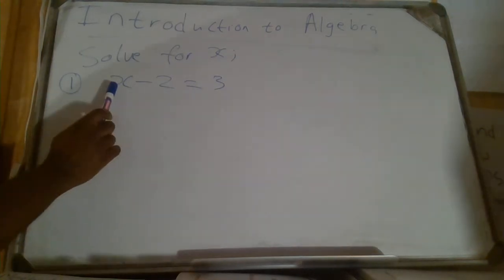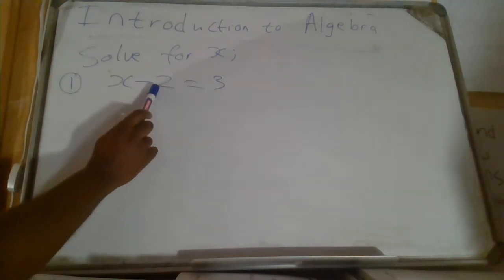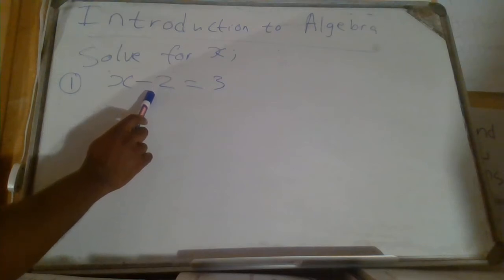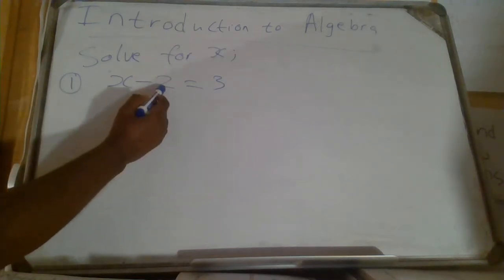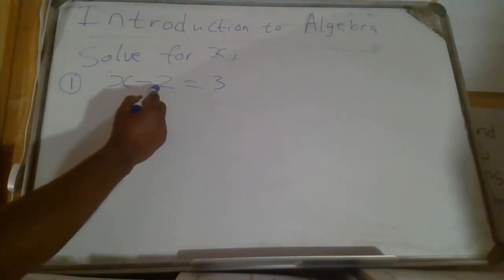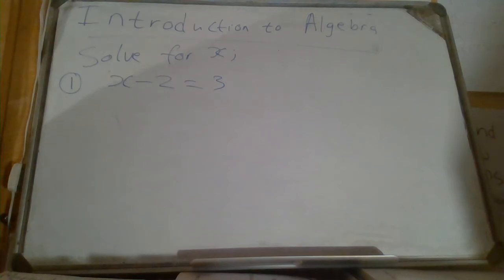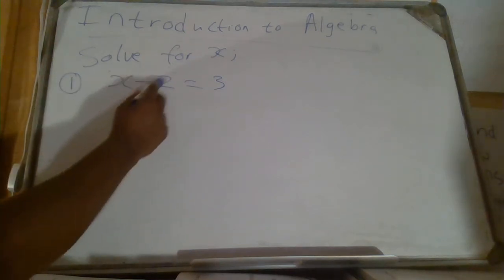So if you want x to remain alone on the left hand side, you must chase away this 2. All right. So how can you chase away this 2? You are going to chase away this 2 by taking it to the other side.